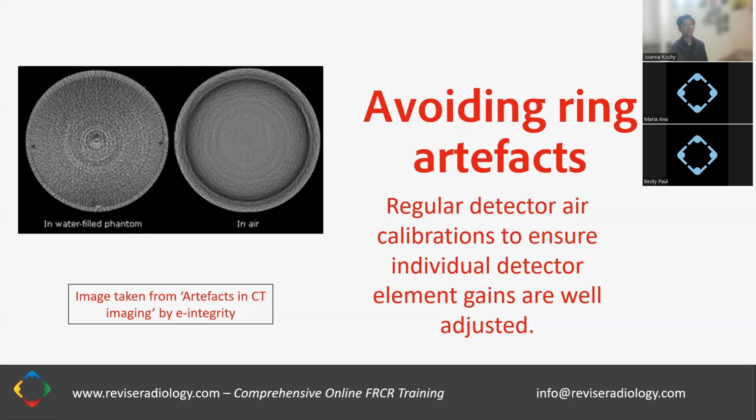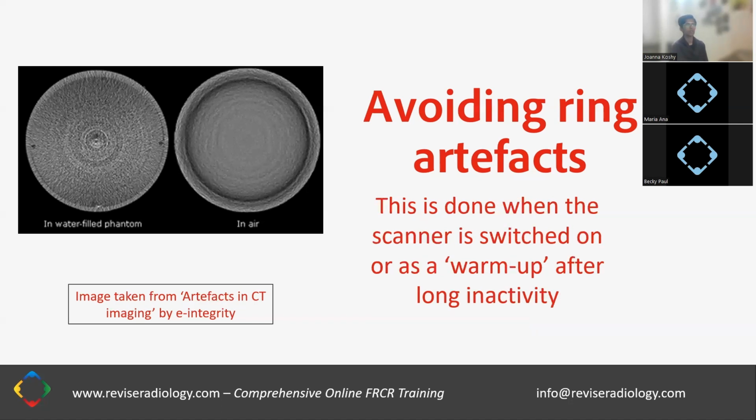What this means is before we start using the scanner, we need to use these phantoms in order to see whether ring-shaped artifacts exist. If they do exist, that lets us know that the different detector element gains are not well adjusted to each other, or even if the gains have been well adjusted, if the artifact persists, then that tells us that one of the detector elements is faulty and needs to be replaced or repaired. So that's how we avoid ring-shaped artifacts.